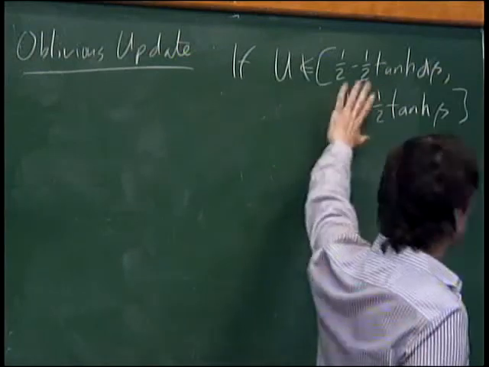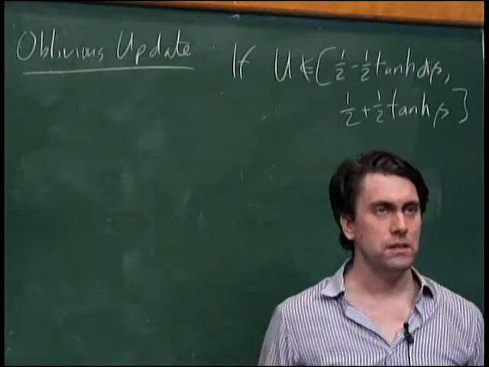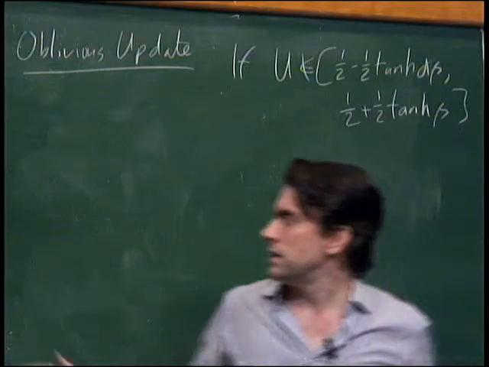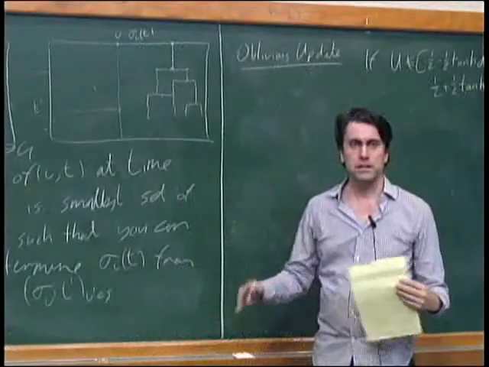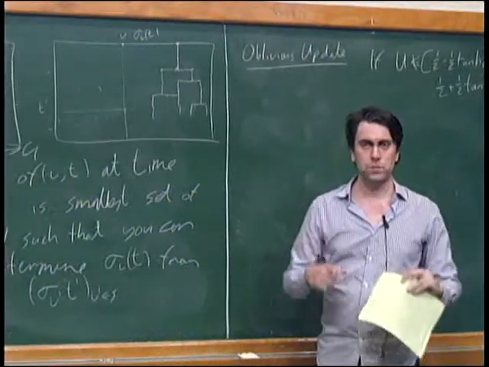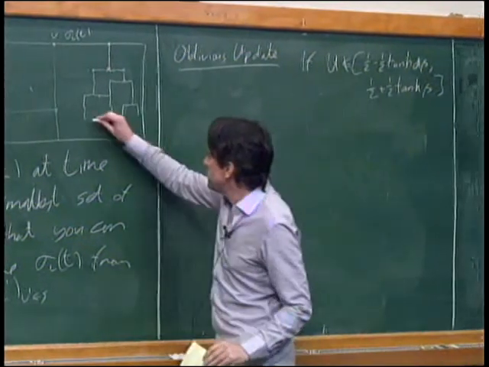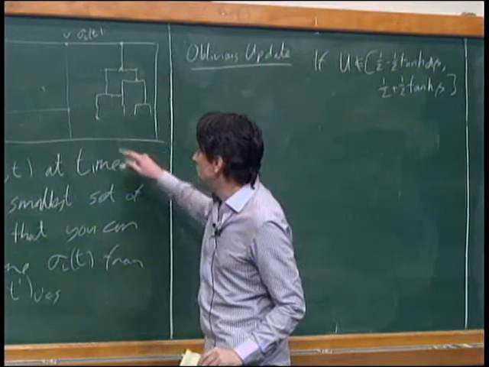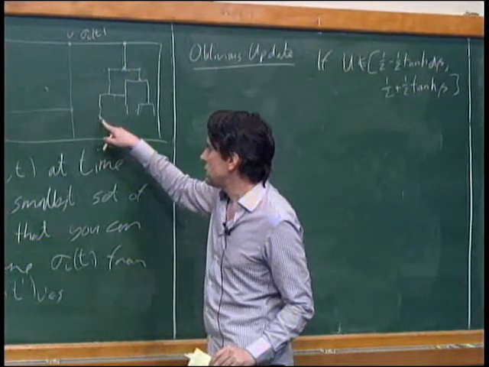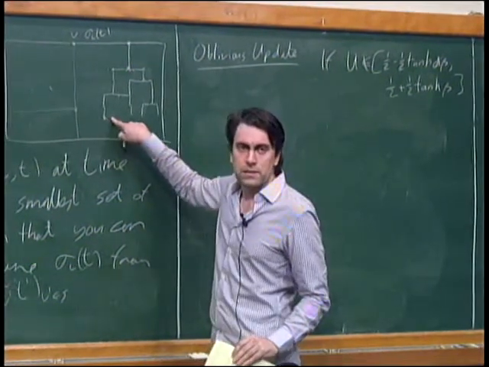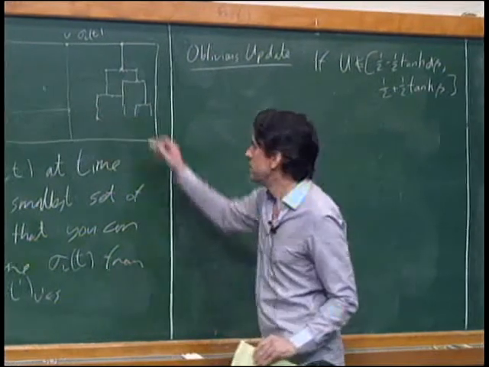So when U is outside of this interval, when it's oblivious, it can just set the spin independently of the neighboring values. So when we have an oblivious update, we can just sort of kill this line of descent.